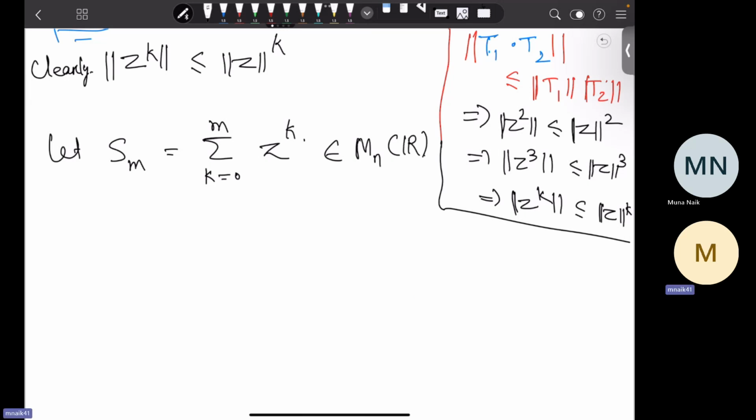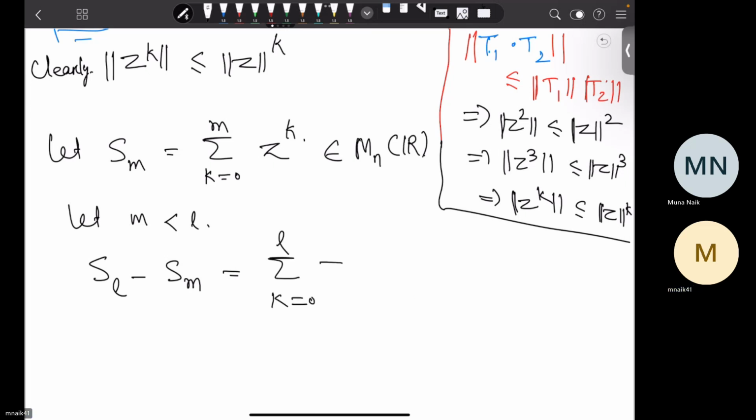Now what is Sm minus Sl? Let us see. Assume m is less than l, then this is Sl minus Sm, which is the sum from k equals 0 to l of Z to the power k minus the sum from k equals 0 to m of Z to the power k.